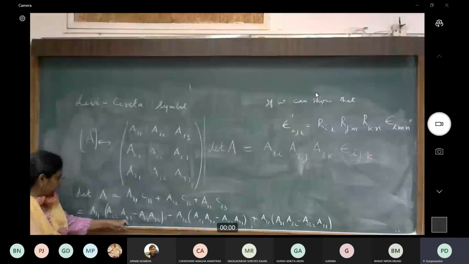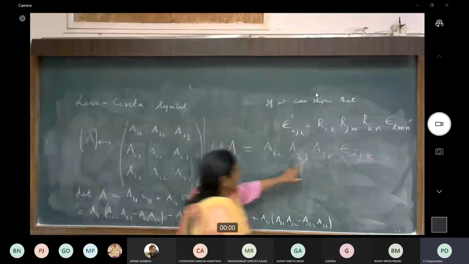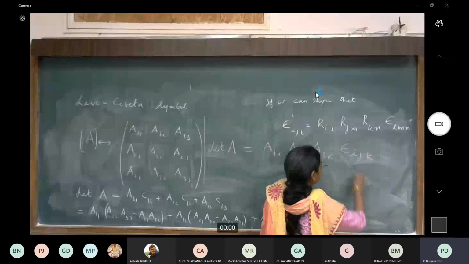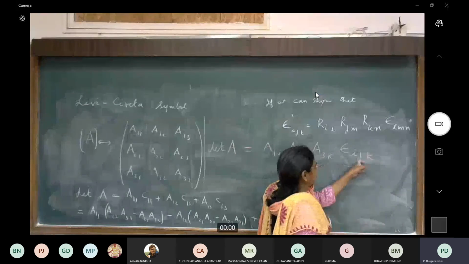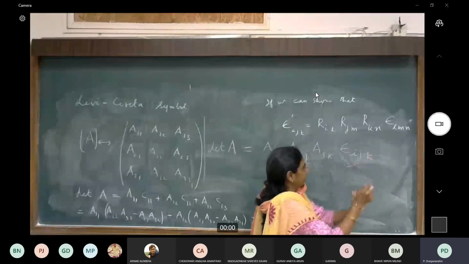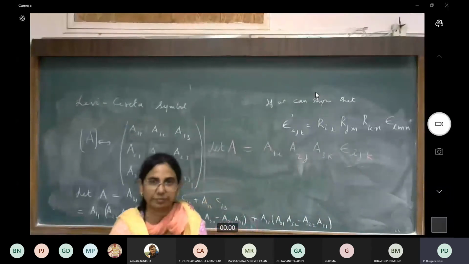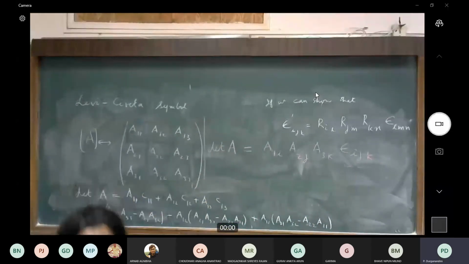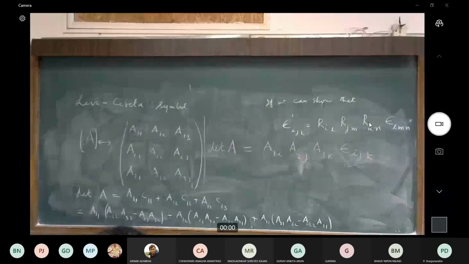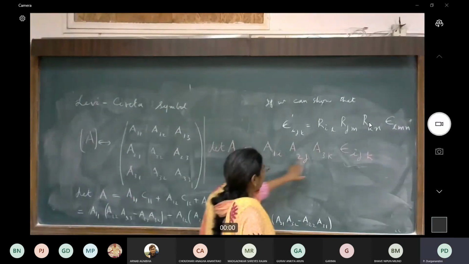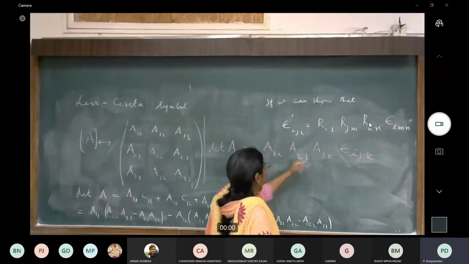Because you see 1, 2, 3, then I have here i, j, k. And epsilon ijk we saw was already zero unless each of these i, j, k are different. If any two indices are repeated, it gives me a 0 answer. So ijk must take values of 1, 2, 3. Suppose it takes 1, 2, 3.